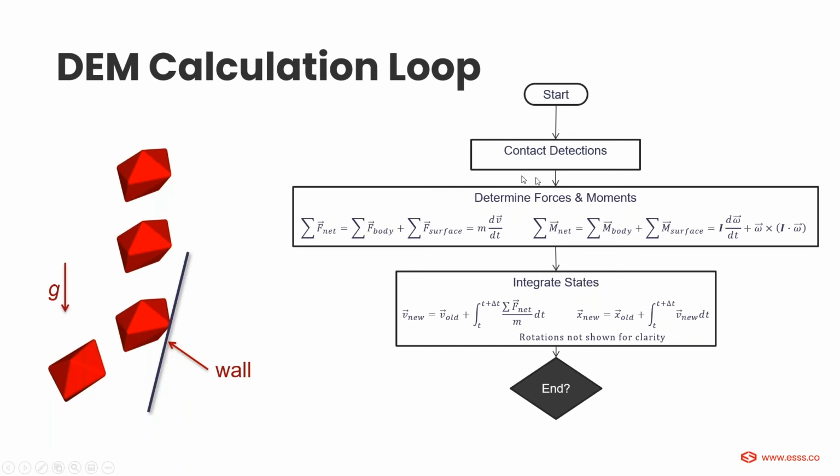As soon as we have a list of neighboring particles populated, we move on to Newton's second law of motion, and we calculate the resultant force acting on this particle, and then we can integrate the motion to obtain the next particle velocity and then the next particle position.